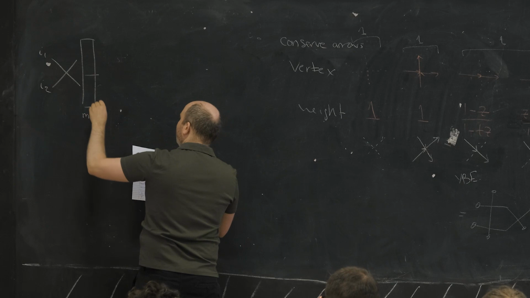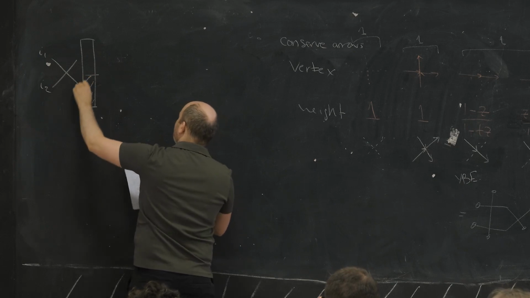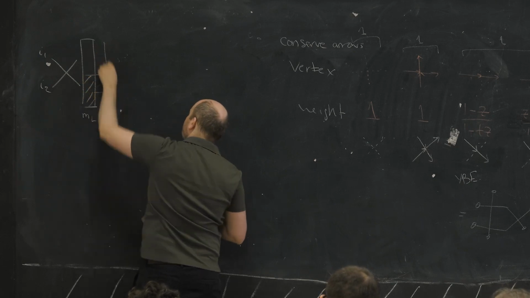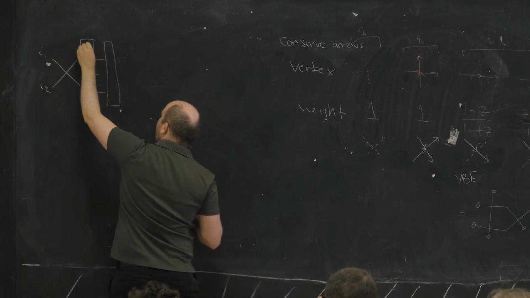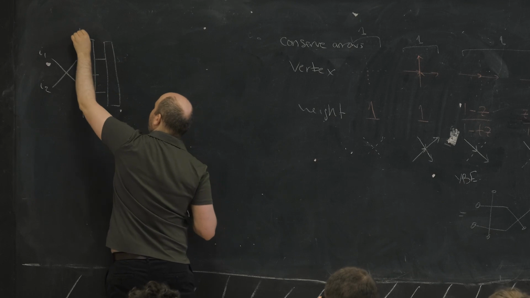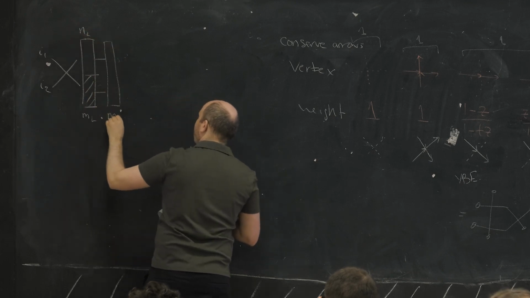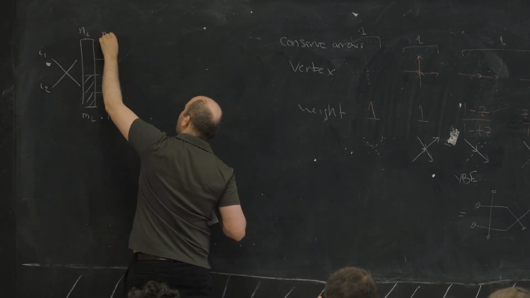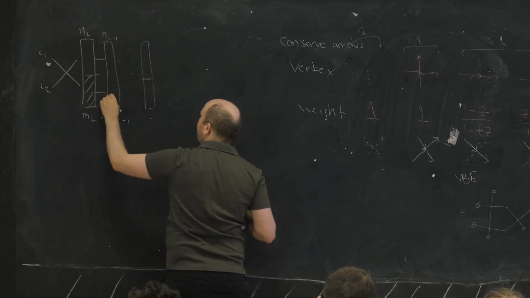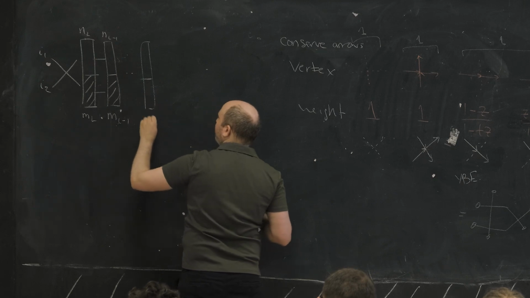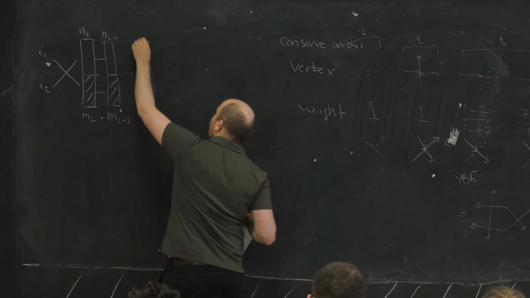I fix some L, and I have these pipes, and I have NL, and then ML minus 1, NL minus 1, and so on and so forth until M1, N1.